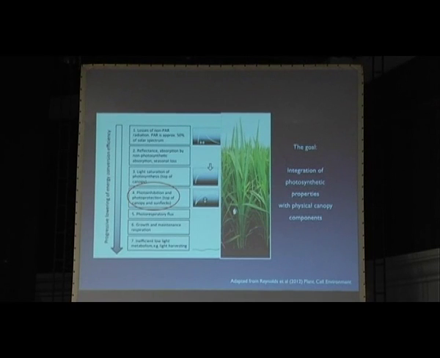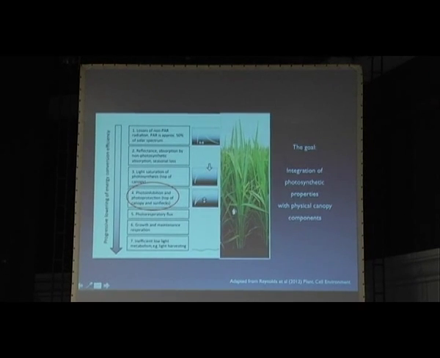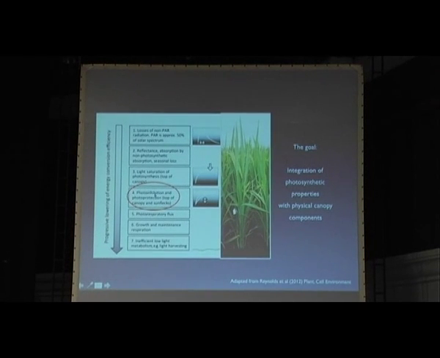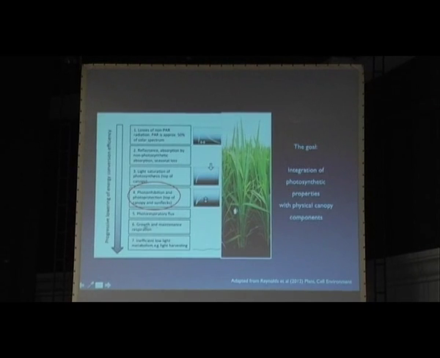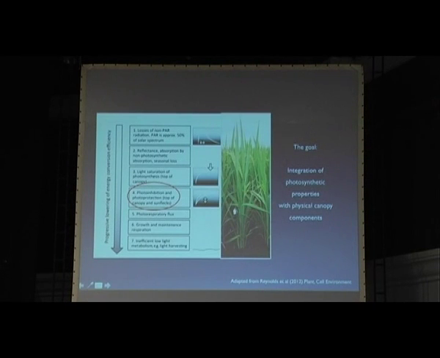So, for example, at the top here we have losses according to non-PAR radiation absorption, reflection, saturation I've mentioned, and what I want to talk to you today is photoinhibition and photoprotection of photosynthesis in the canopy. And then lower down here you have other aspects like respiration and light harvesting. So the goal here is an integration of photosynthetic properties with the physical canopy components.